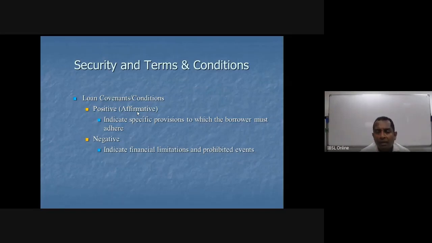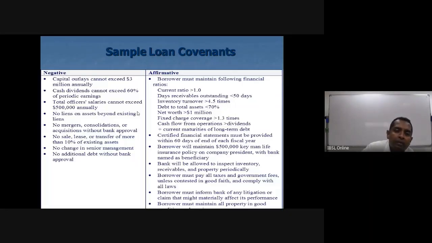We will ask the customer to take out insurance, which he can adhere to. But with negative covenants, we restrict the customer. You can't borrow. You can't invest. Like that, you restrict the customer. So those things are called negative covenants. This is an example for that.